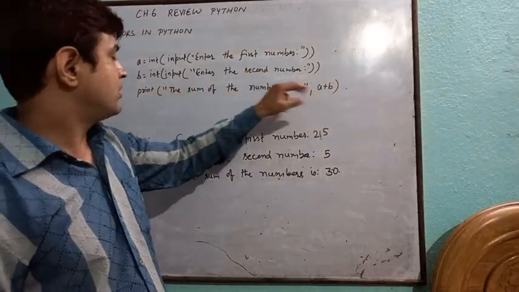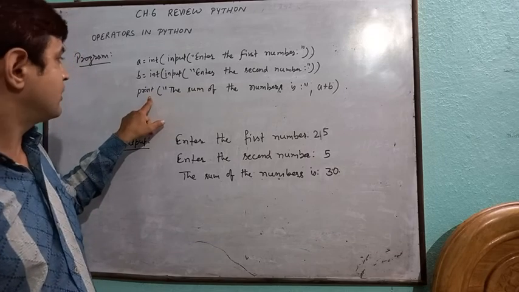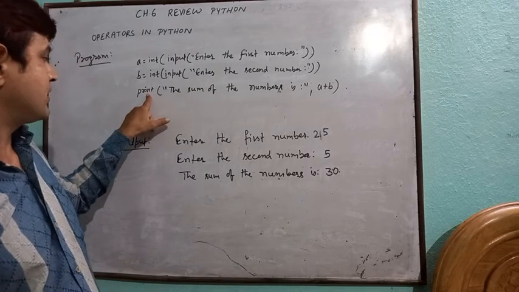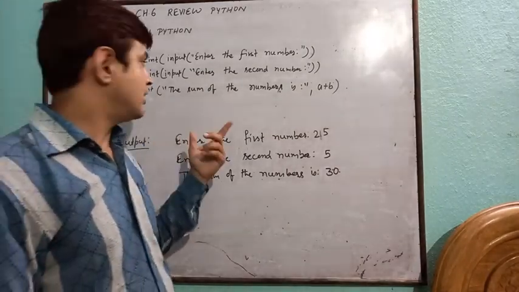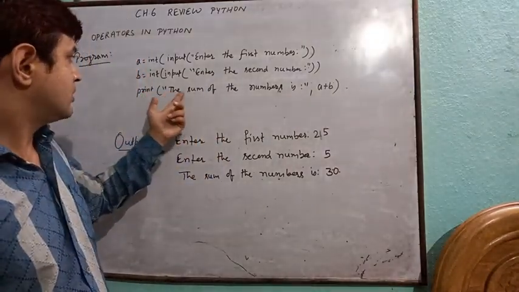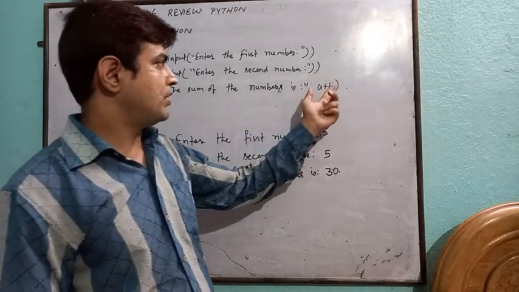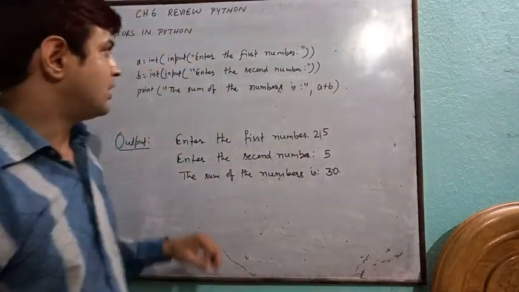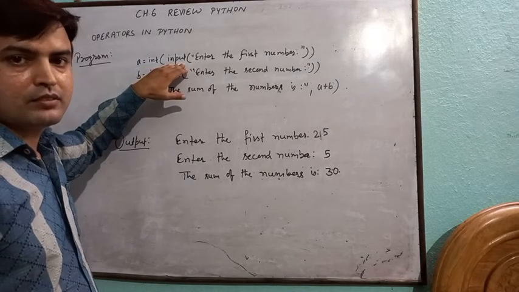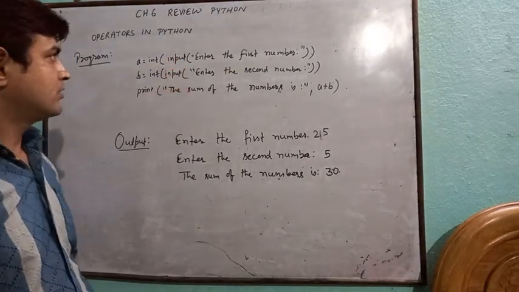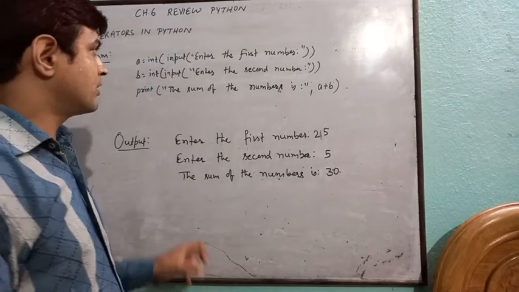Enter the second number, and after entering the number, the statement is the print statement, which is used to print the output. Print the sum of the numbers is a plus b. Now consider its output. When we use the input function, it asks the user to enter the value.